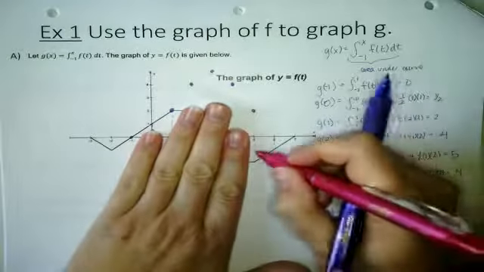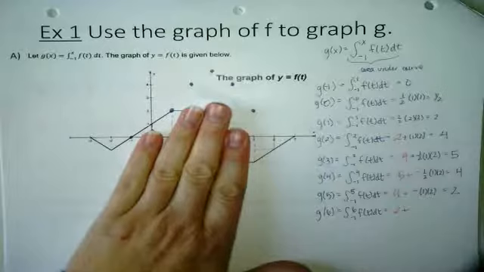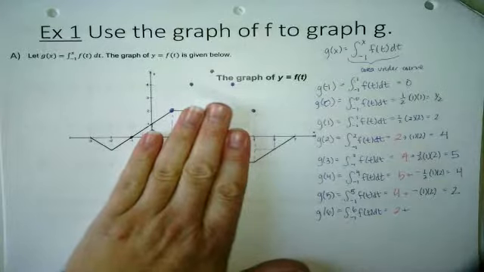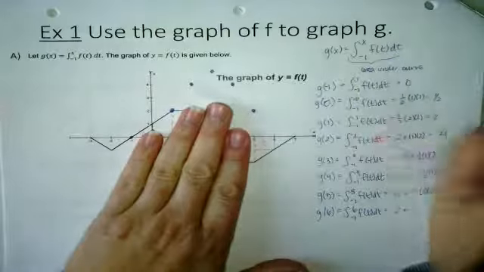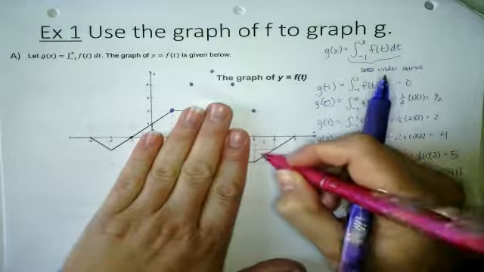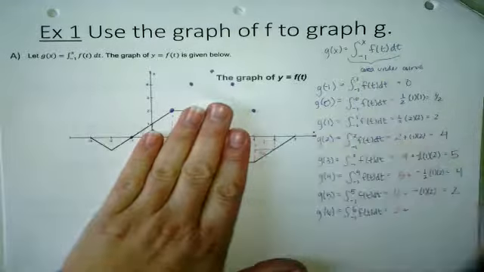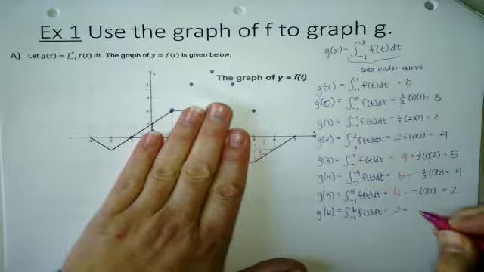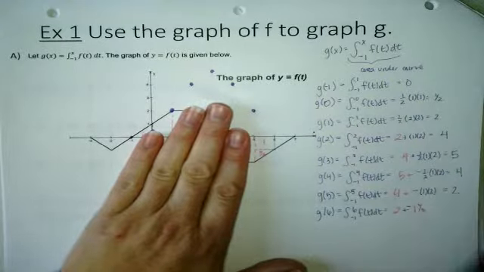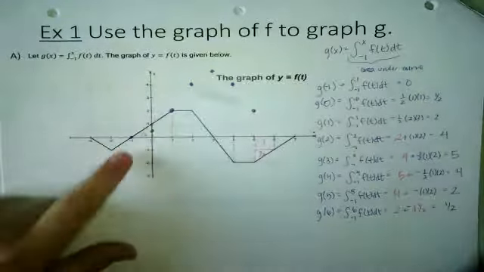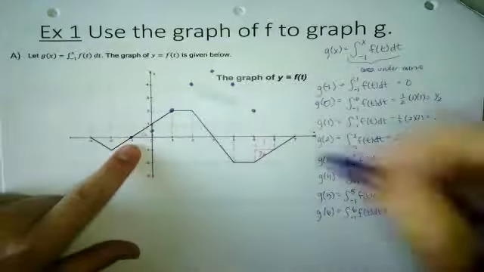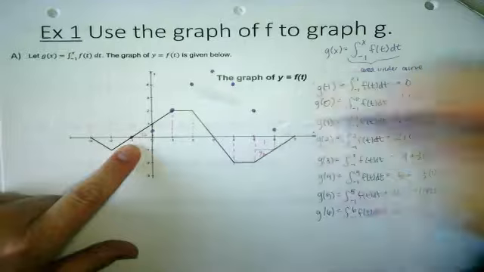I see a little triangle and I see a square. So, okay, well, I can add up a lot of areas. I know this area is 1 by 1, which is 1, and this would be 1/2 of 1 times 1, so 1.5. So we're going to subtract that, 1 and 1/2. So we just get 1/2. So we have 6, 1/2 for a point on my graph of G.